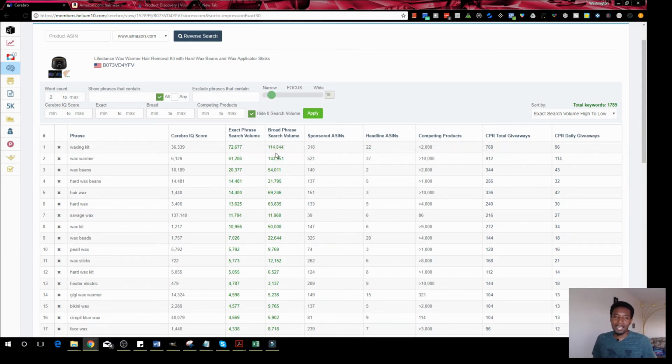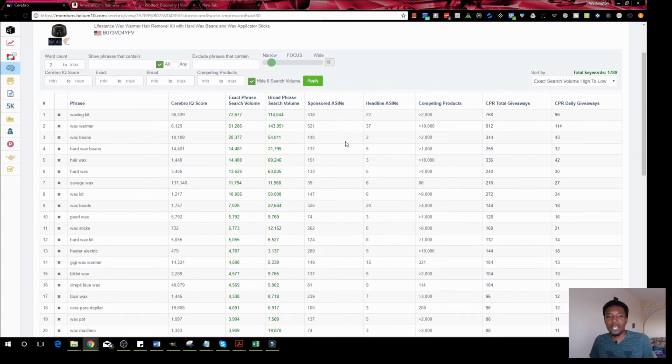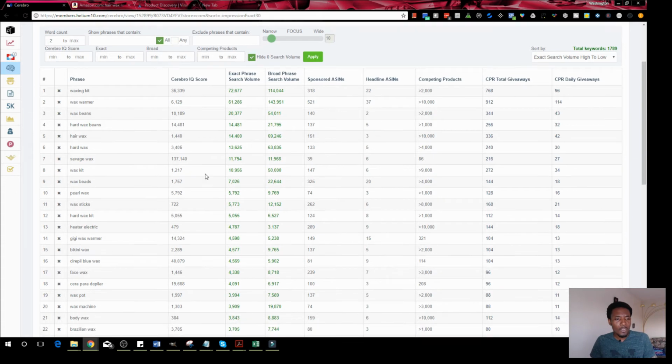So it's very interesting. So look at this. For waxing kit, if you wanted to rank on page one, number one, they are suggesting that you give away 768 units over 8 days, and that works out to be 96 units per day. So that's quite the competitive landscape for that. So that's an idea, right?